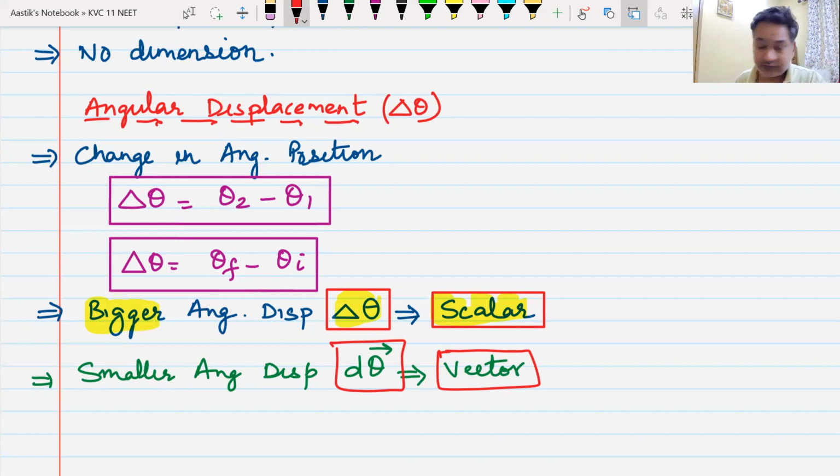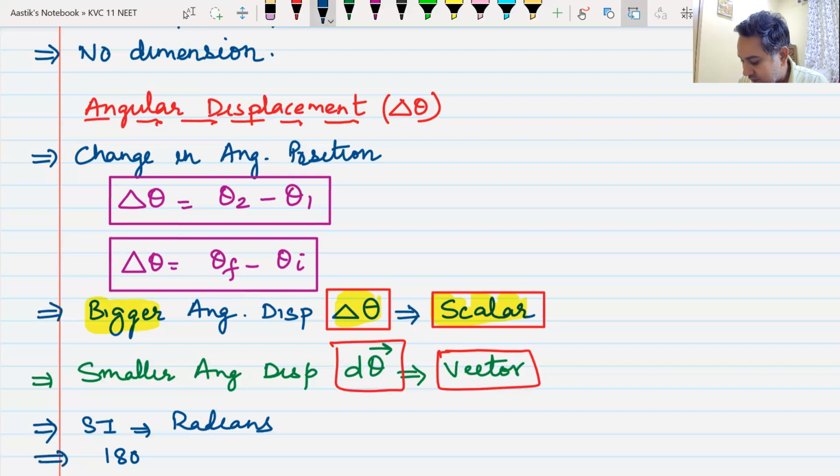The SI unit is radians. And you must remember that 180 degrees is pi radians. We have seen this relation, yes or no? 180 degrees is pi radians. Do we remember this? Okay. Have you noted this down, everyone? I'll give you 2 minutes to note it down.